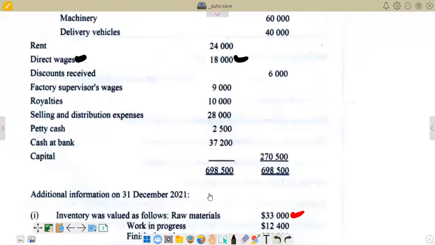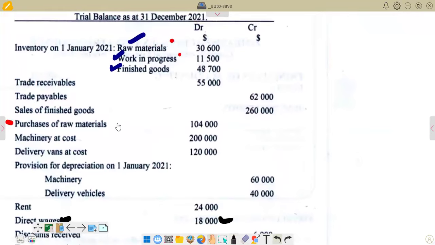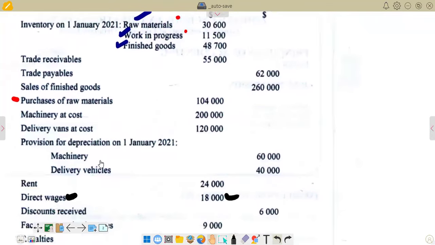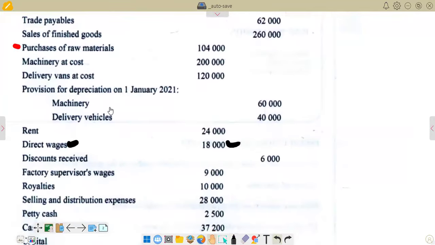So we start from where we have our balances, going down to check for any factory overheads or indirect expenses. Remember, we are still in the manufacturing, so those indirect expenses should relate to the manufacturing account or the manufacturing process.